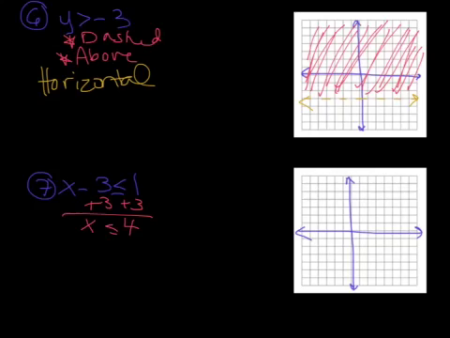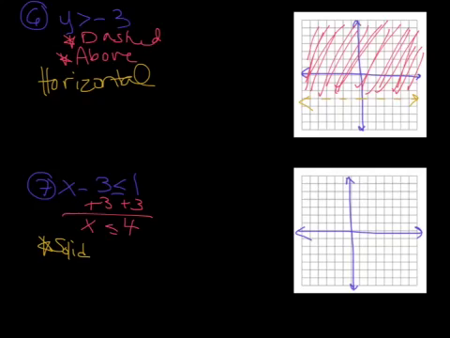I know one thing, and that's that it is a solid line because it's less than or equal to. However, in the previous one, I knew that I shaded above if y was greater than, but there's no y in this one, so this one's a little weirder.